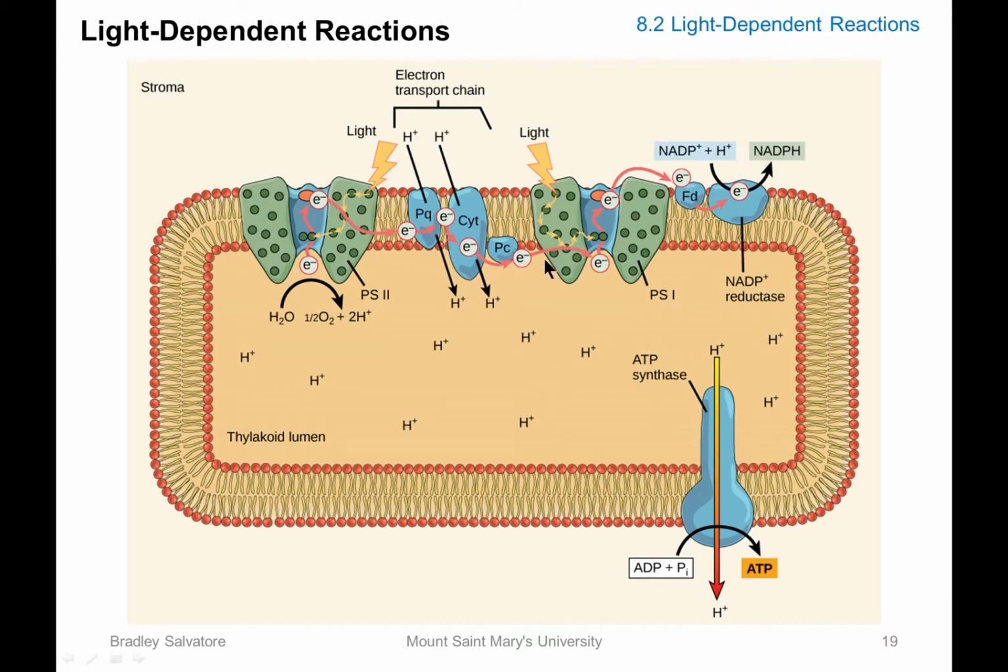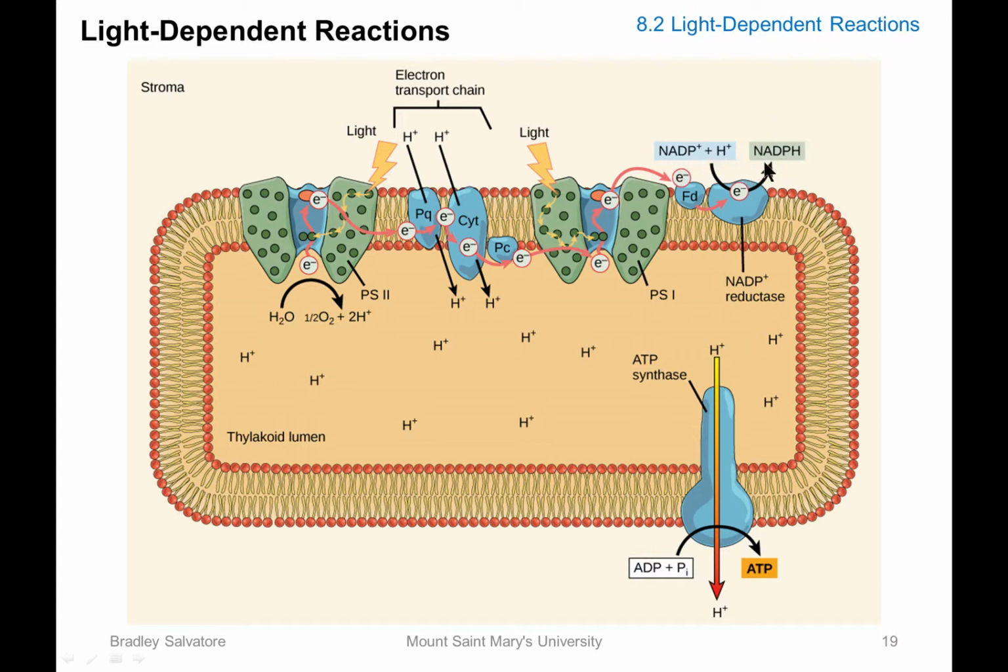This electron is now losing a lot of its energy and goes down to a lower energy state. They will be passed down to photosystem 1 to be excited again, and then that electron will be passed down to NADP plus reductase, where it will facilitate the reaction of NADP plus and a hydrogen ion to make NADPH.